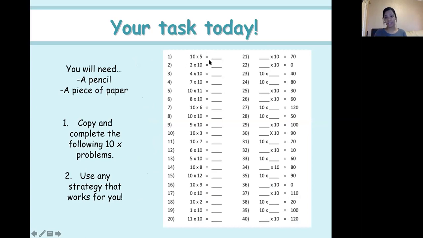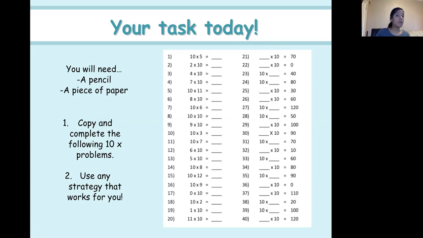So we have 2 choices. You can count by 10s on 5 fingers, 10, 20, 30, 40, 50, or you can count by 5s on 10 fingers, 5, 10, 15, 20, 25, 30, 35, 40, 45, 50, and we still get the same answer, okay?